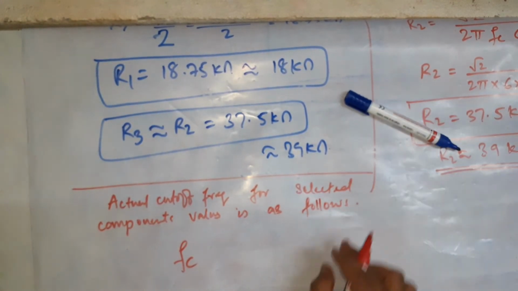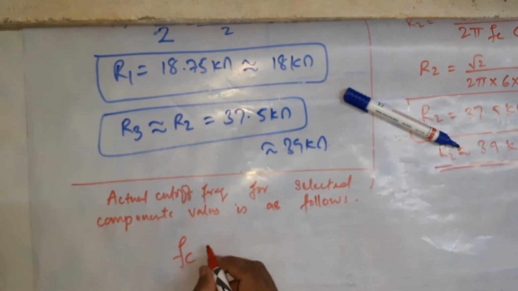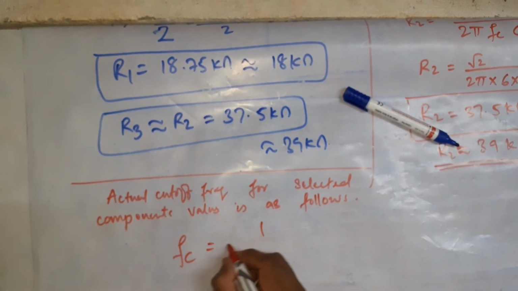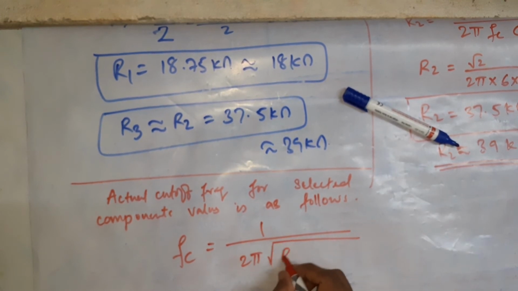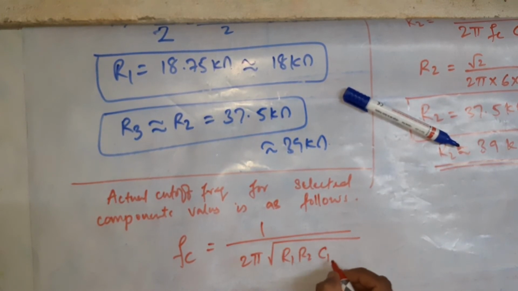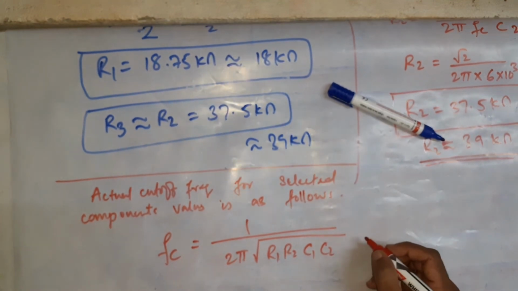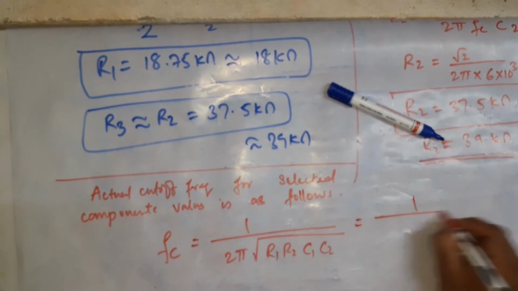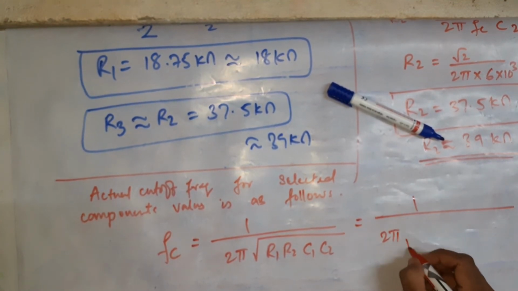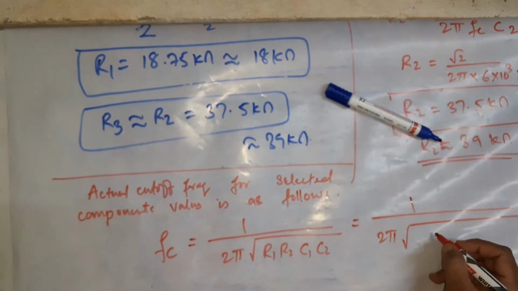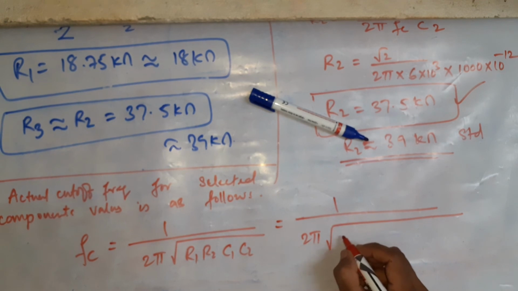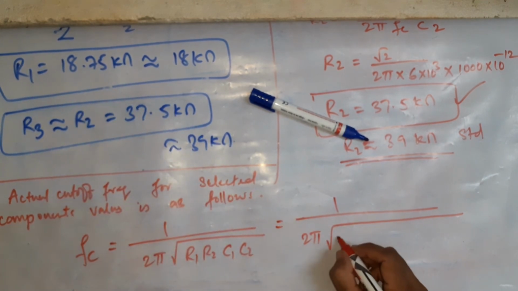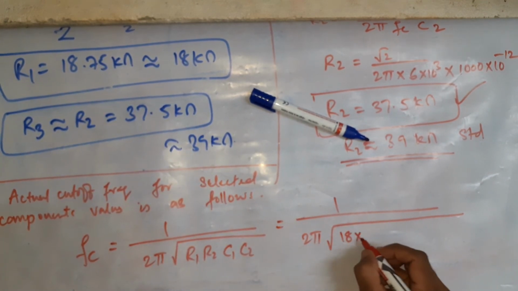Your regular formula is Fc equal to, with a slight change here, 1 over 2 pi root of R1 R2 C1 C2. Substitute here. What is our R1? We have chosen 18k, not 18.75, so 18k will be our R1.